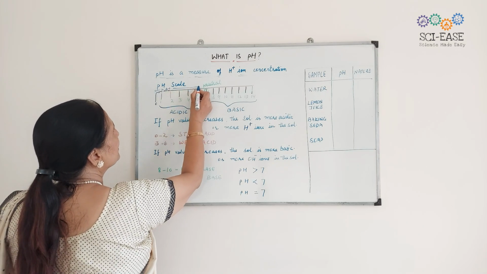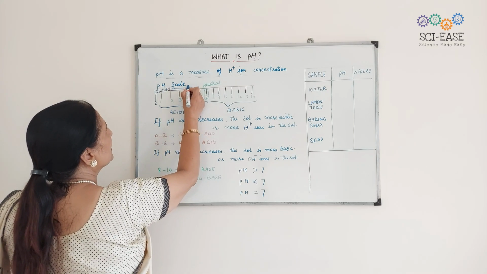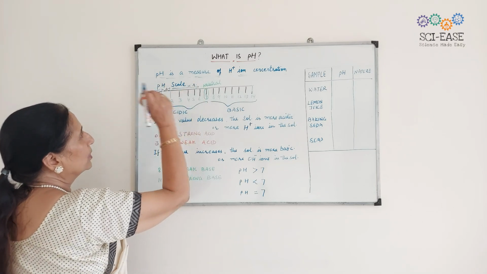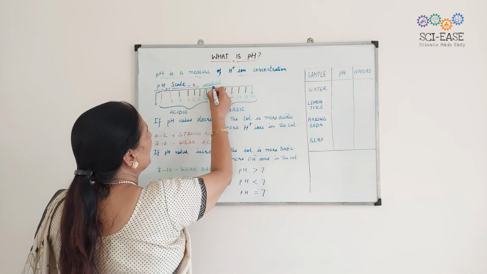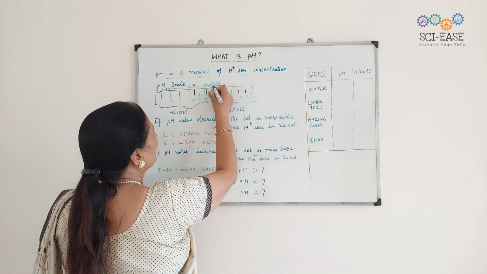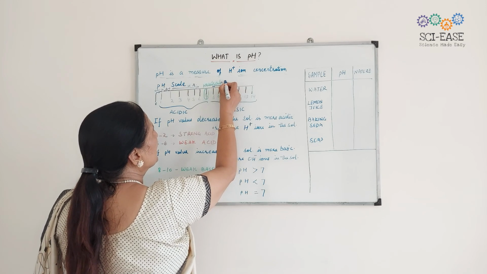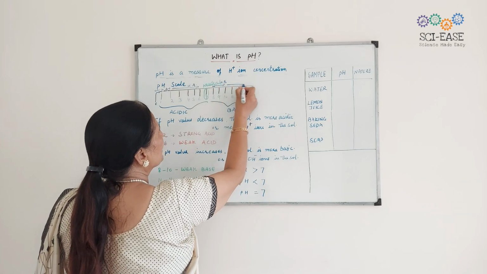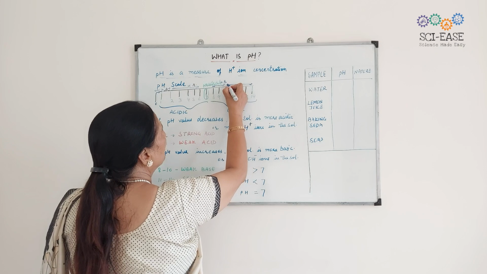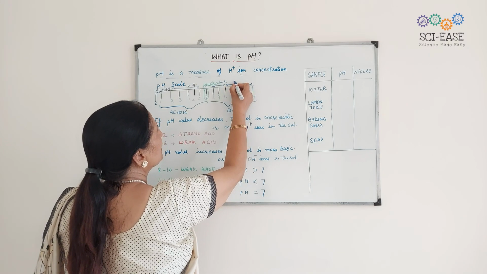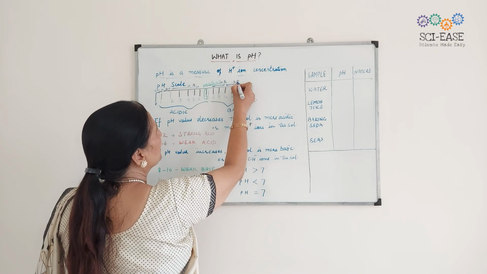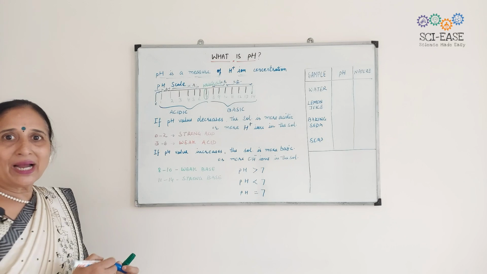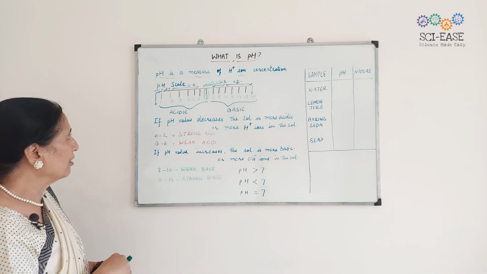Then this is weak acid. Then from 8 to 10, it is weak base, and as it increases towards 14, it is the strong base. So I think the things are clear to all of you.